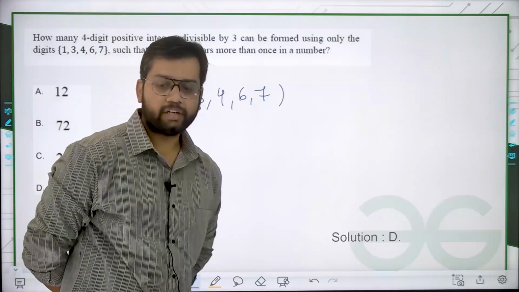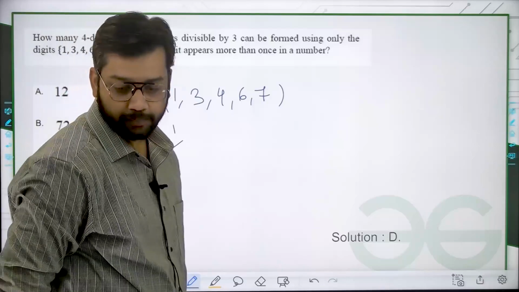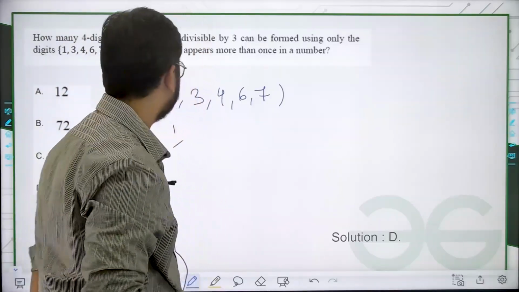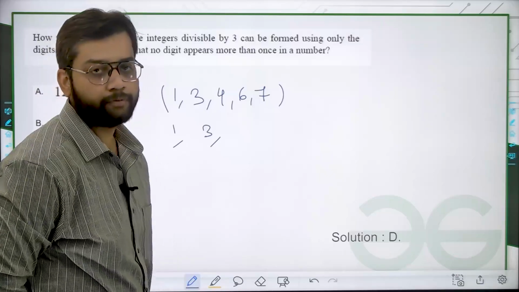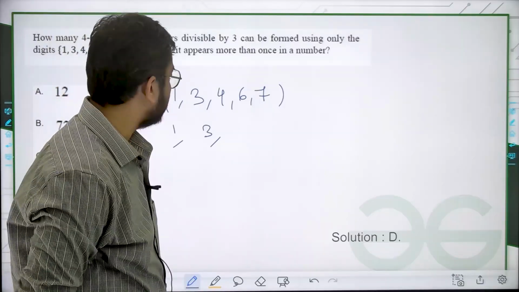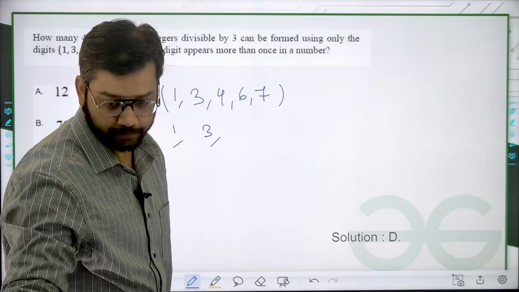Since the total sum is coming as 21, 3 could also be in the picture. If I remove 4, then 4 will not be in our picture. Okay, so the options are coming, just give me a second.